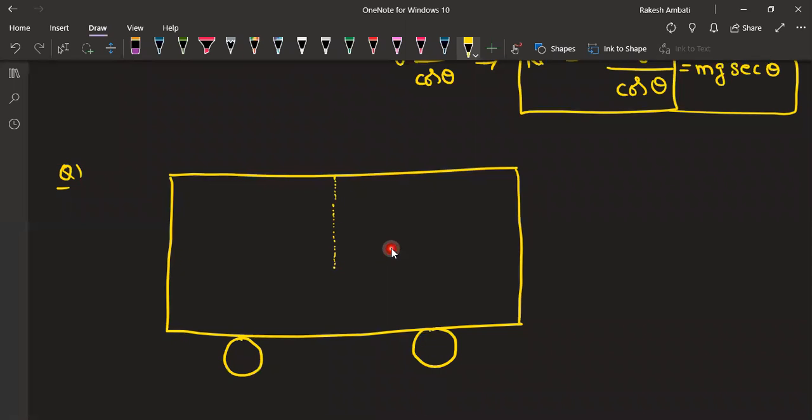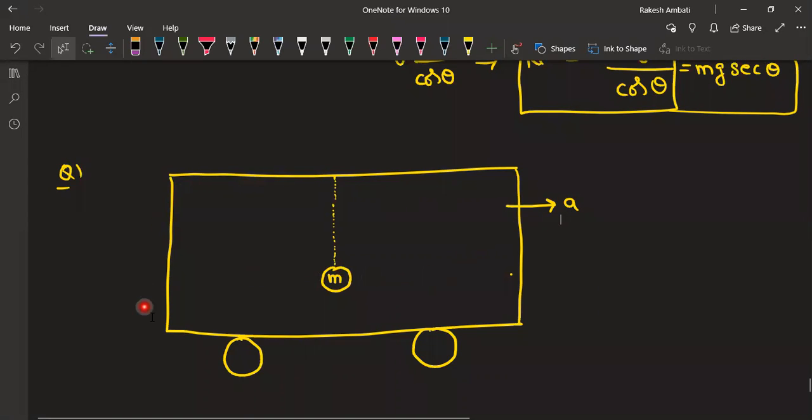Its mass is m. The mass of the pendulum is given as m. If the car is moving forward with acceleration a, the pendulum will deflect backwards because of pseudo force.